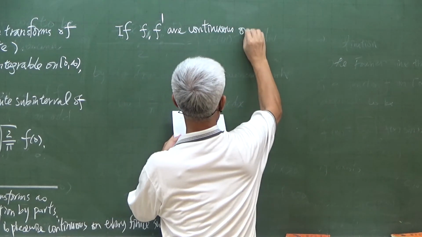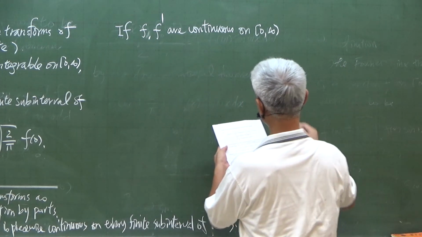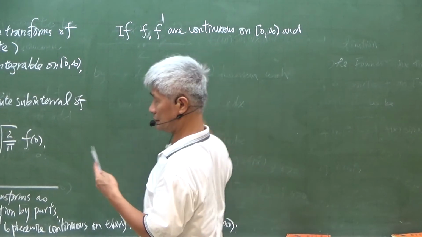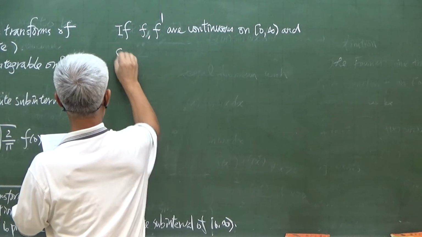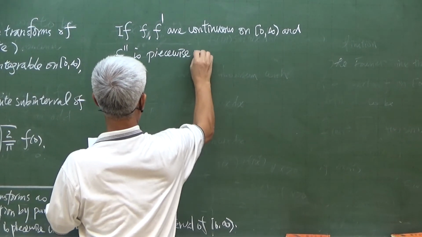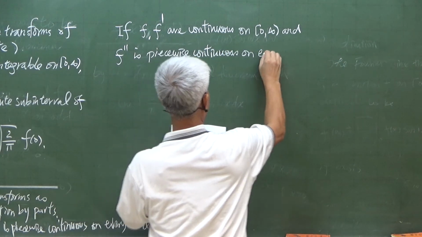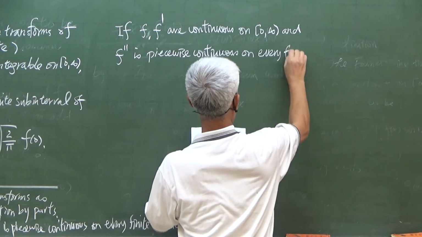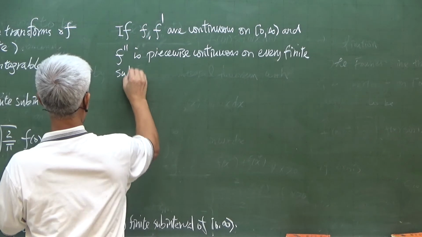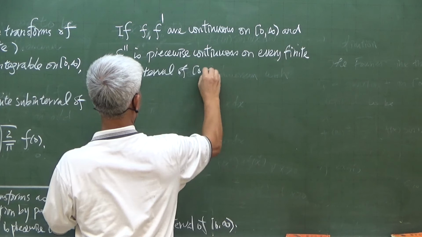Okay, on the semi-infinite interval, f and f prime now are continuous, and f double prime is piecewise continuous on every finite subinterval of the semi-infinite interval.